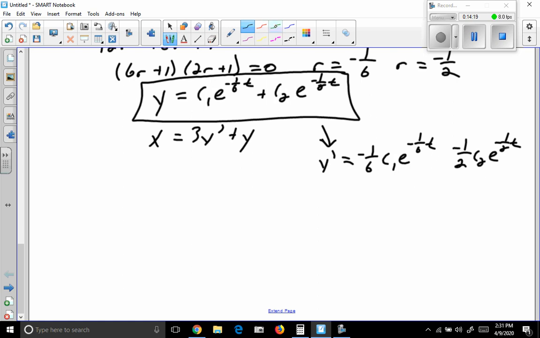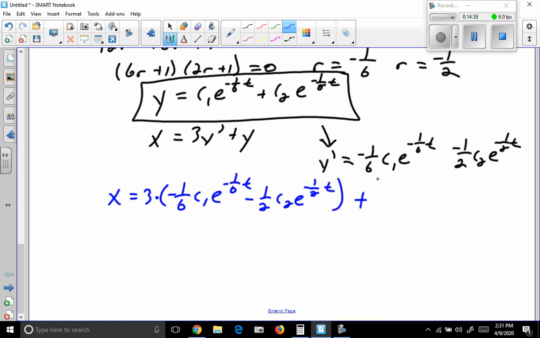So that makes x 3 times negative 1/6 c1 e to the negative 1/6 t minus 1/2 c2 e to the negative 1/2 t plus y. So plus c1 e to the negative 1/6 t plus c2 e to the negative 1/2 t.